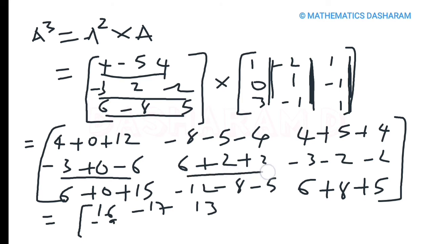Next, 6 plus 2 plus 2 is 10. Minus 3 minus 2 minus 2, minus 3 minus 2 is minus 5, minus 7. Next, 6 plus 0 plus 15 is 21. Next, minus 12 minus 8 minus 5 is minus 25. 6 plus 8 is 14, 14 plus 5 is 19.